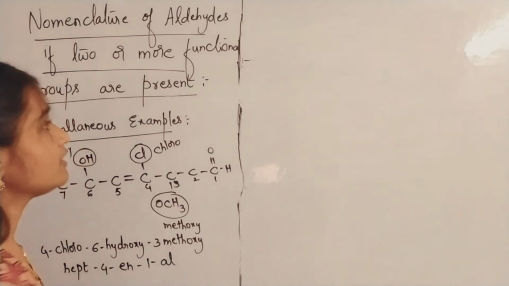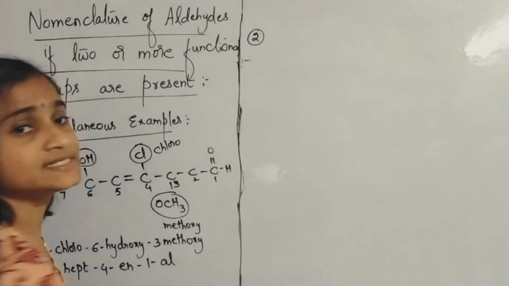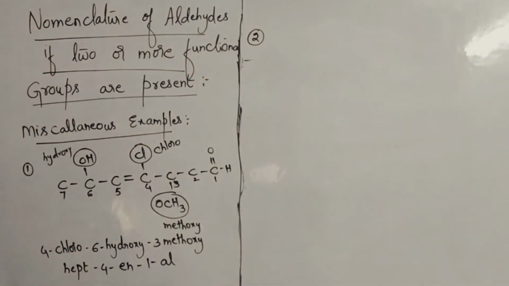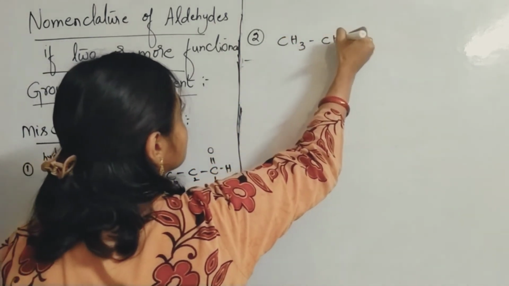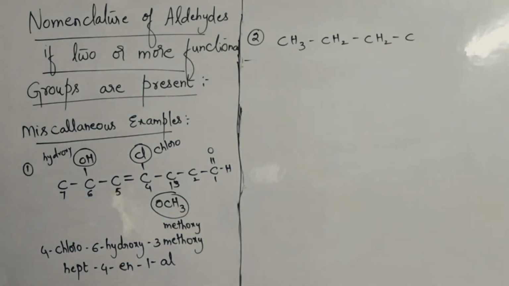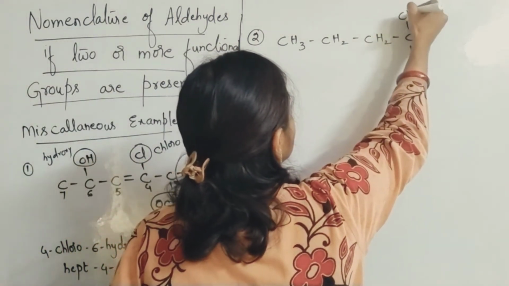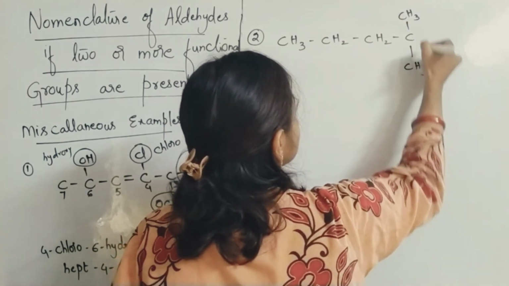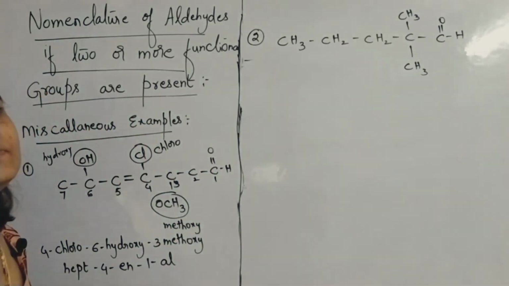Yes, children. Let us go into the second example. Miscellaneous examples. Second one. Okay. CH3, CH2, CH2, CH3, CH2, CH2, C, CH3, CH3, C double bond O, H. It's a simple compound.